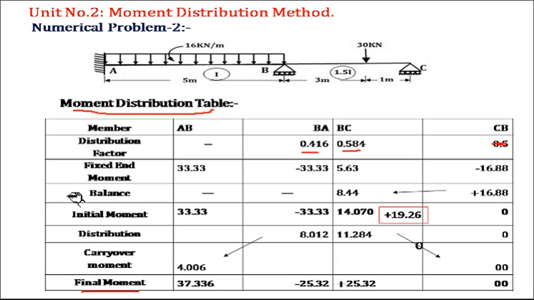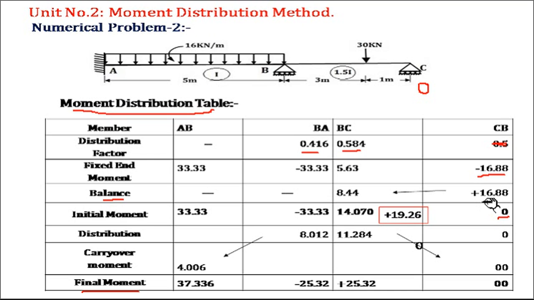The next step is the balance or correction. If you see the figure, at C there is a simple support. As there is a simple support, the moment in member CB should be equal to 0. But in the moment distribution table there is a moment of minus 16.88. So to make this value 0, you have to apply a correction of plus 16.88.